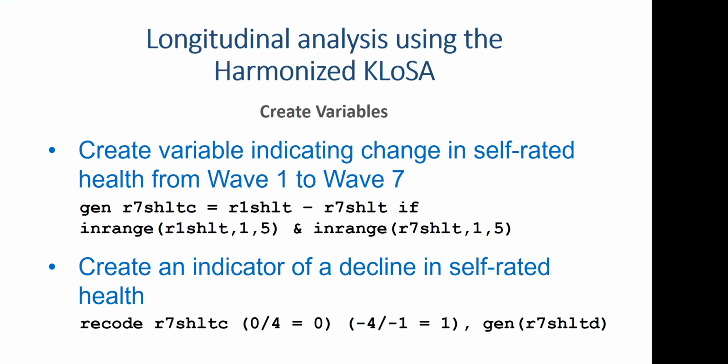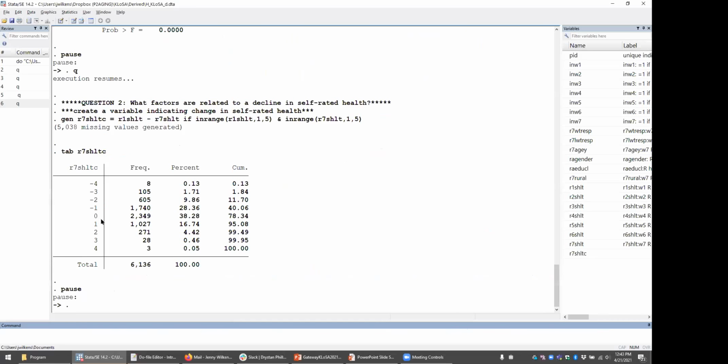For values of -4 through -1, meaning a decline in self-rated health, we're going to assign a value of 1. Then we're going to generate a new variable for these assignments called R7SHLTD, with a D indicating a decline. So let's switch back to Stata and take a look at this variable.